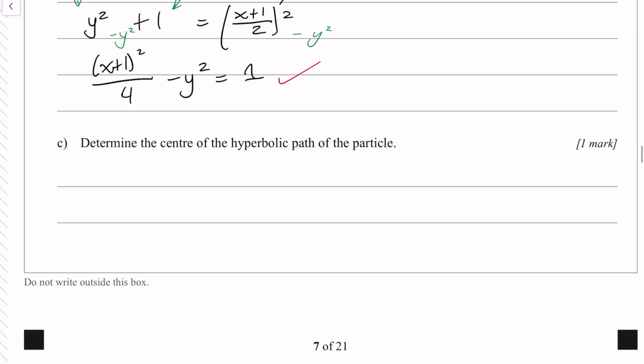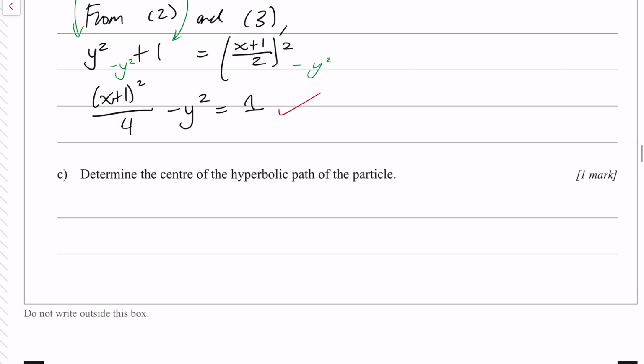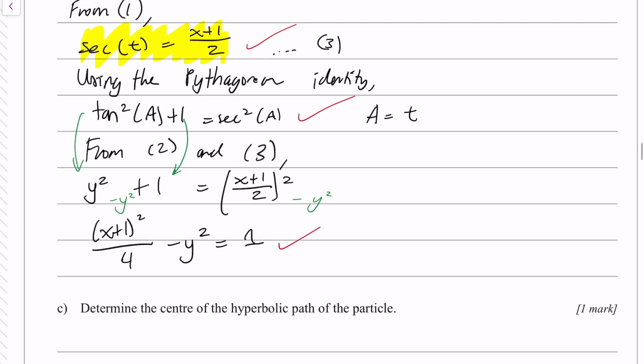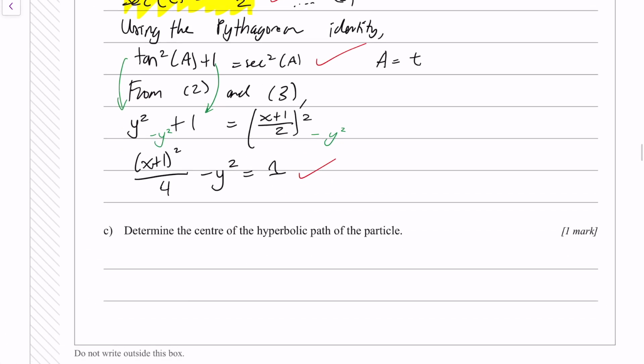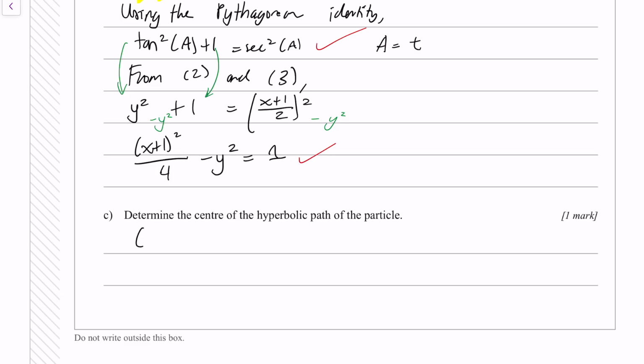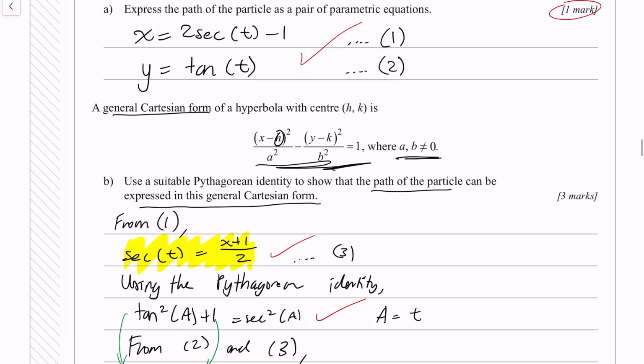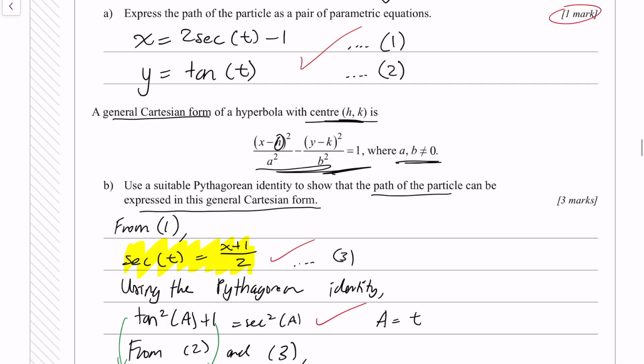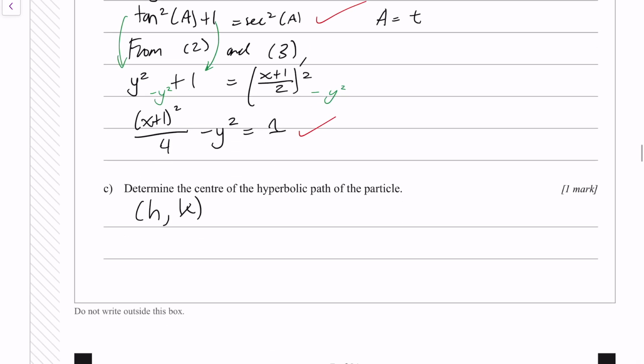And last part, determining the center of the hyperbolic path of the particle. Very easy for 1 mark. It's basically just h comma k, all right, because it just says in the question already that's the center.